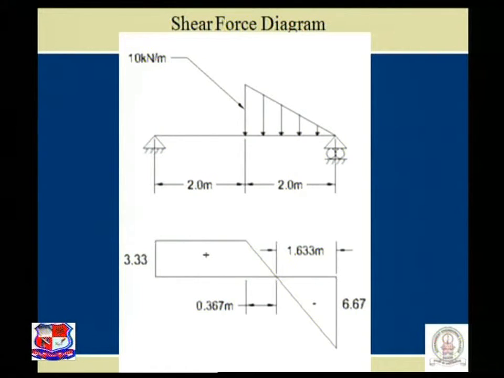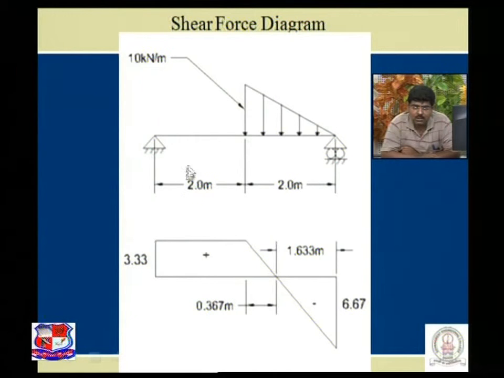See the figures, let us understand over here. Reaction 3.33, that is of RA, RB is of 6.67. Reactions themselves for a simply supported beam are the value of shear force at that particular section. So this RAV section left upward is treated as positive 3.33.